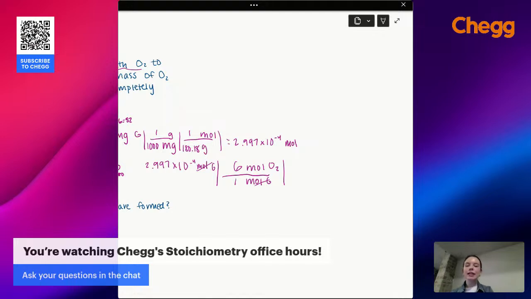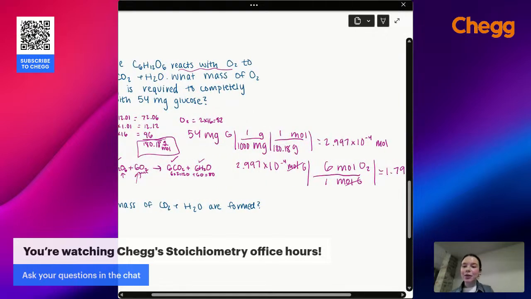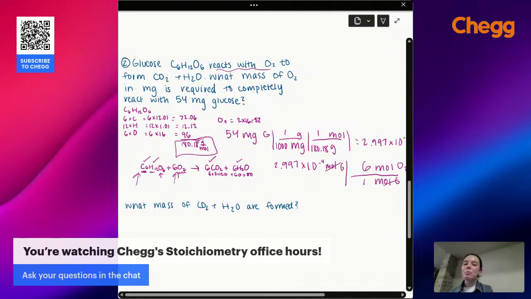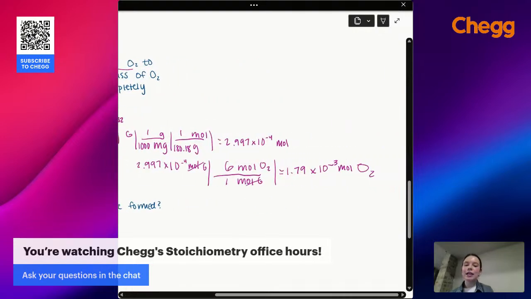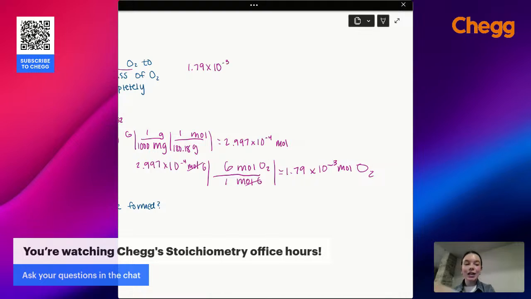Okay, if we put that in the calculator, we get 1.79 times 10 to the negative 3 moles of O2. Now, our final step, our problem asks for milligrams of O2. So I need to get that 1.79 times 10 to the negative 3 to milligrams. So 1.79 times 10 to the negative 3 moles of O2.